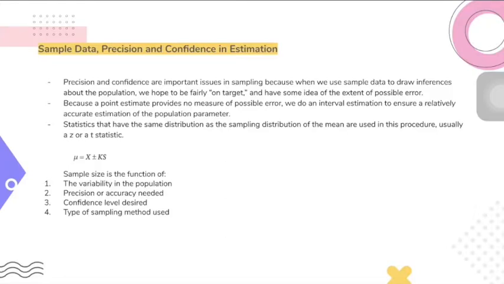The standard error and the percentage or level of confidence we require will determine the width of the interval, which can be represented by the following formula, where k is the t statistic for the level of confidence desired.